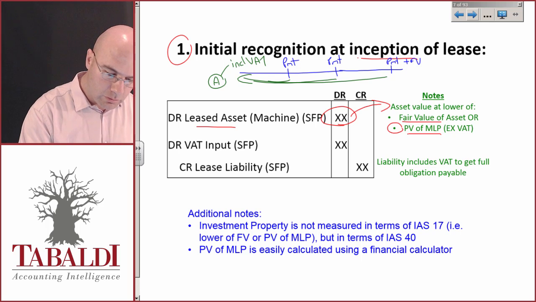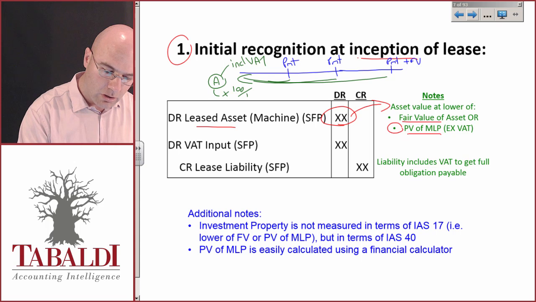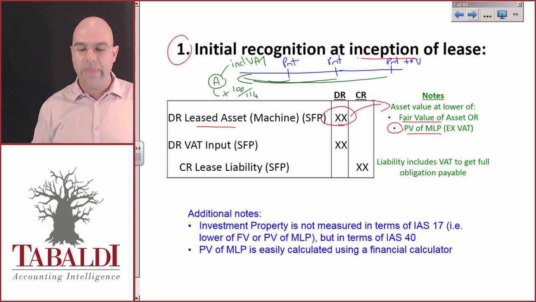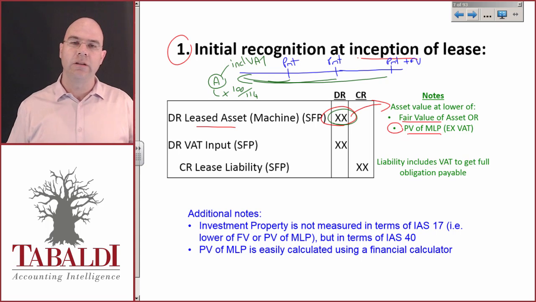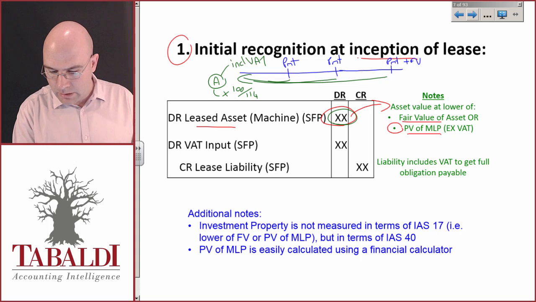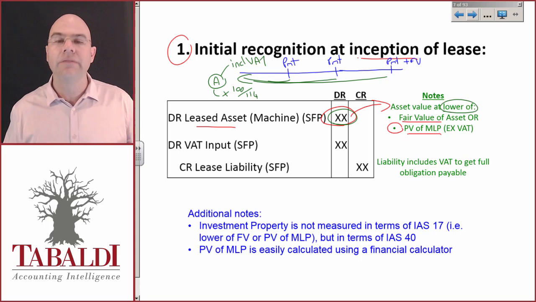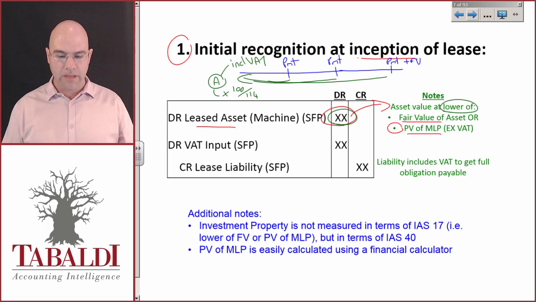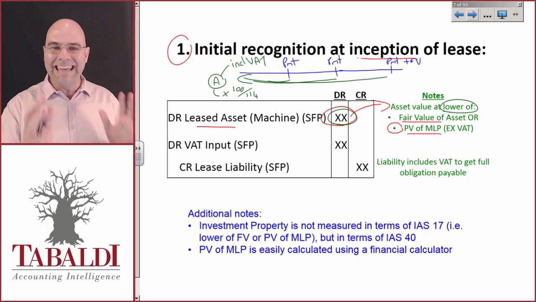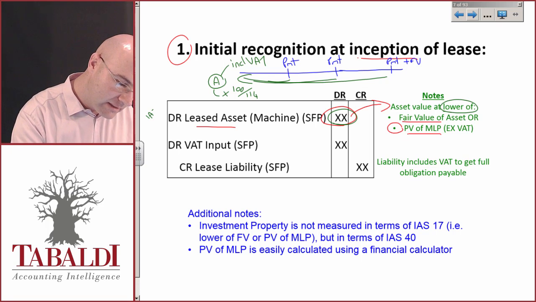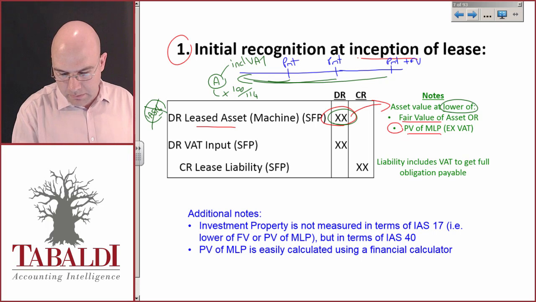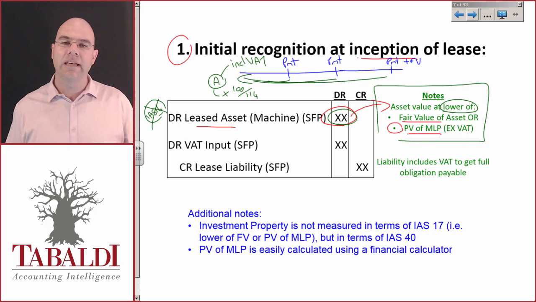So what will you need to do? You will take VAT out. So you'll times it by 100 over 114, and that figure will be the value of the asset, if it is lower than the fair value of the asset. Okay, so yes, the asset is an IAS16 issue, but IAS16 is overridden by this IAS17 measurement issue.